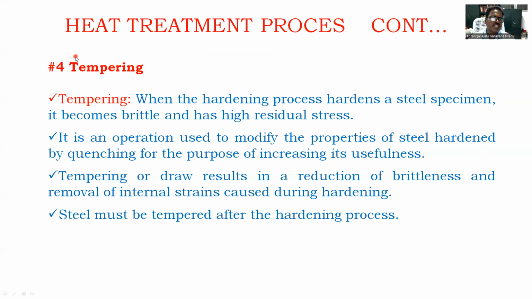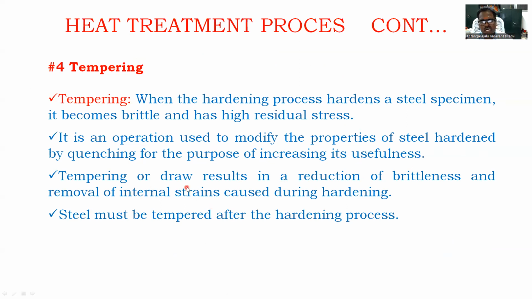And the next operation is tempering. When the hardening process hardens a steel specimen, it becomes brittle and has high residual stresses. Tempering is an operation used to modify the properties of steel hardened by quenching, for the purpose of increasing its usefulness.